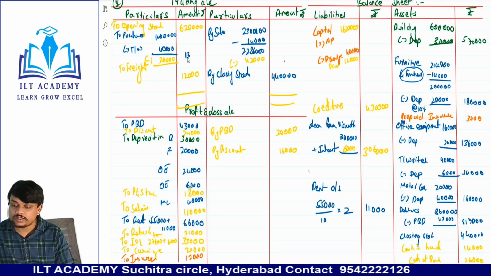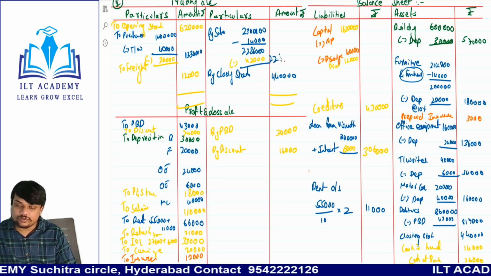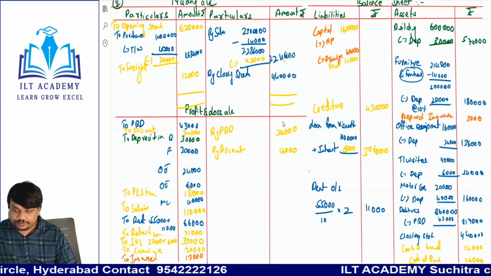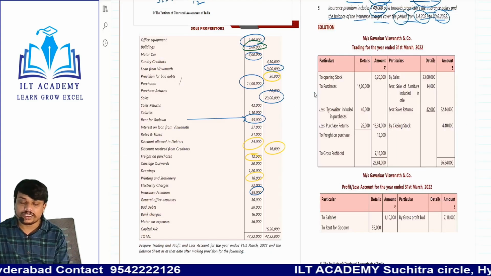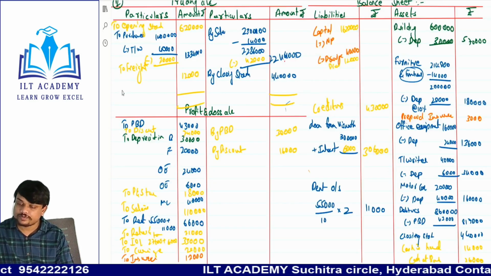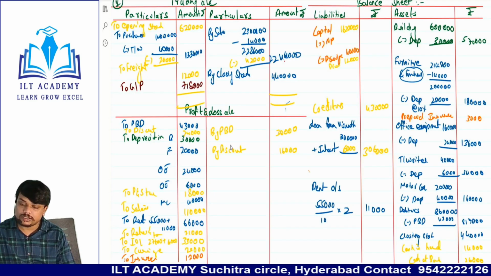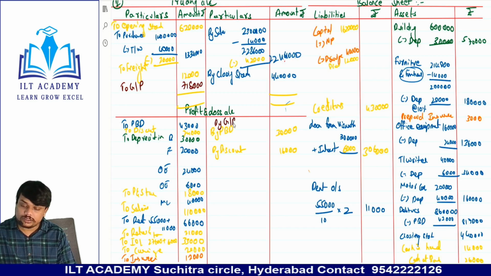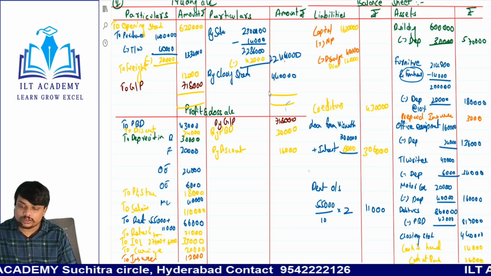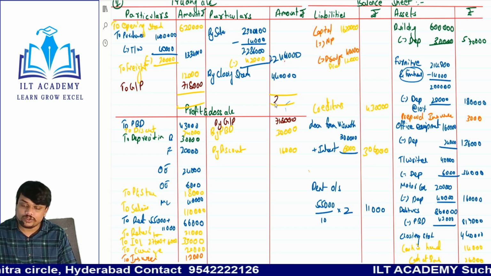From 1360 this was taken out, 13,34,000. How much is this? 22,44,000. Just check your answers. GP value is how much? 7,18,000. So by GP 7,18,000 and this is 22,44,000 plus 4,40,000 is 26,84,000.